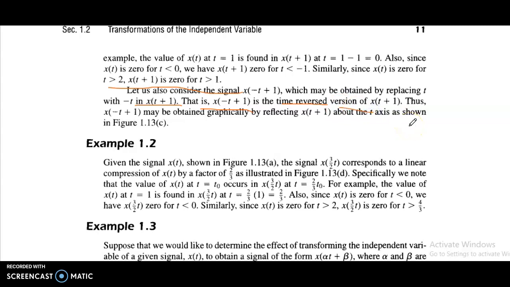Thus, x of minus t plus 1 may be obtained graphically by reflecting x of t plus 1 about the t-axis, as shown in figure 1.13. Example: given the signal x of t shown in figure 1.13a, the signal x of 3 by 2 t corresponds to a linear compression of x of t by a factor of 2 by 3.